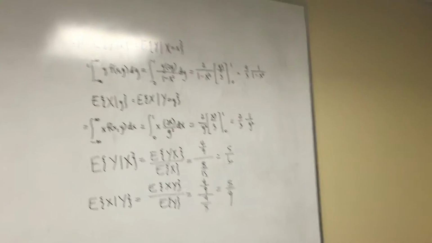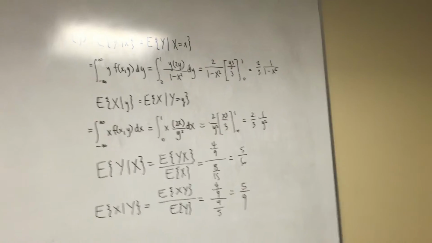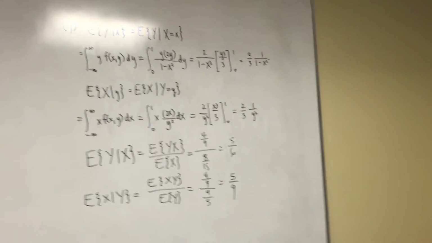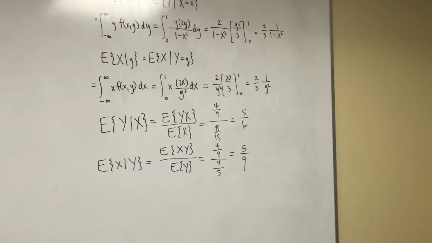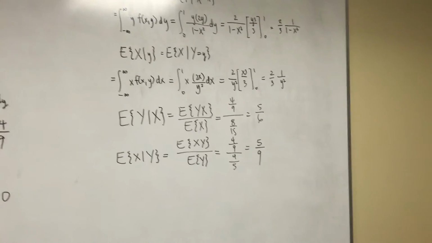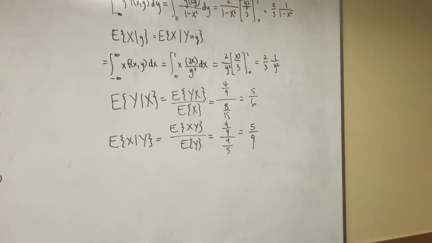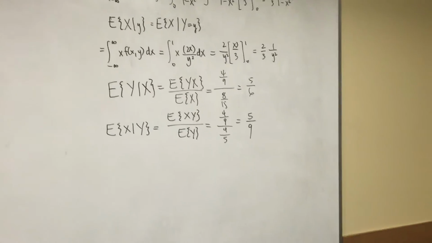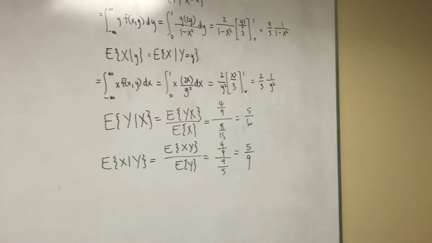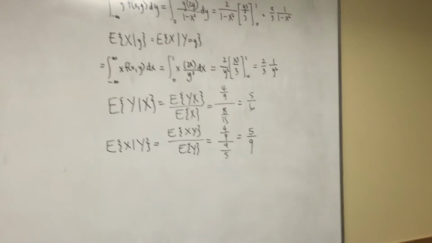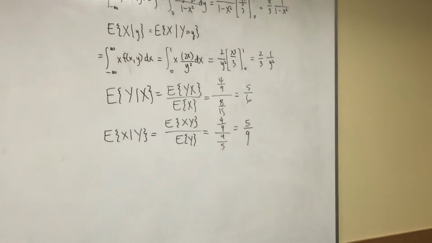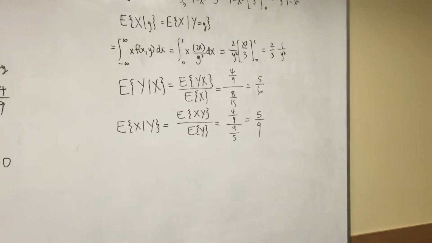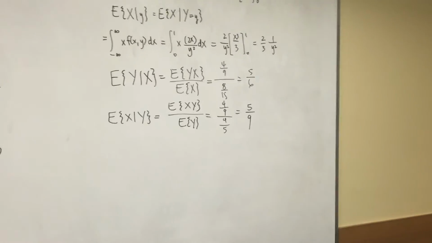You find that it's 2/3 times 1 over (1 minus x squared). And for big X given small y, you would do the integral of x times the conditional density with respect to dx from 0 to 1, and that integral comes out to be 2/3 times 1 over y squared.